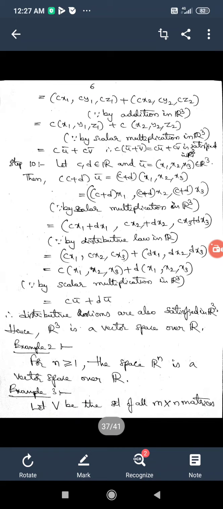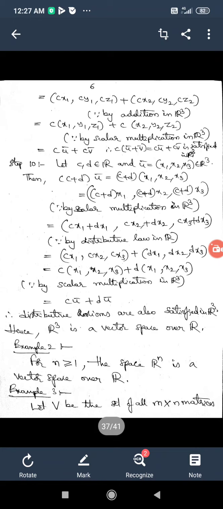This is the first example I have given to you for the vector space. Now let us see the example for the vector space in example 2. For small n greater than or equal to 1, that means n takes values 1, 2, 3, and so on.